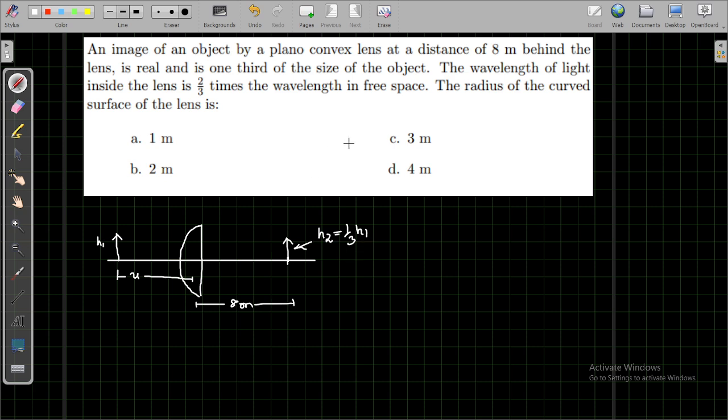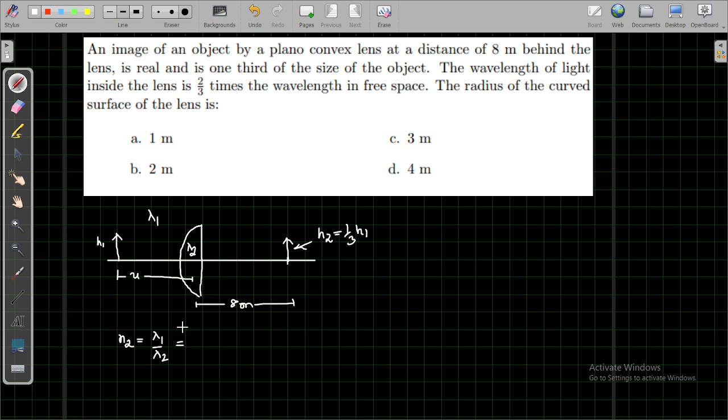What else is provided? The wavelength of light inside the lens is 2/3 the wavelength in free space. That means lambda 2 is the wavelength of light in the medium, in the glass or lens medium, and this is lambda 1. That means this information is giving the refractive index of the lens. So as we know, n2 would be equal to lambda 1 by lambda 2.